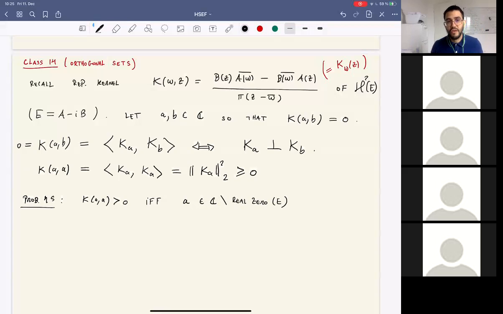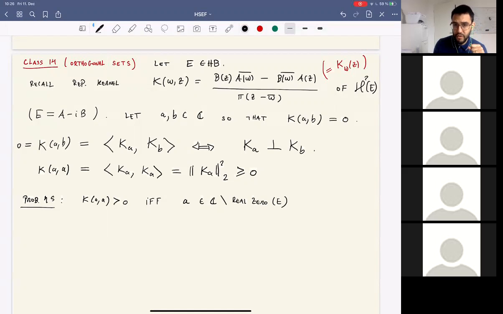So recall that a function E, by being a Hermite-Biehler function, doesn't have zeros in the upper half plane. It may have zeros in the real line and also in the lower half plane, but not in the upper half plane.